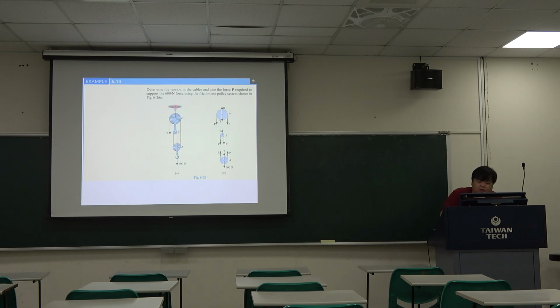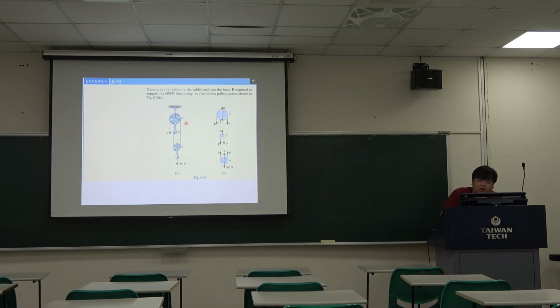And we have a connect pin at this point, and at this point. And we have the support here, just like a cable support.